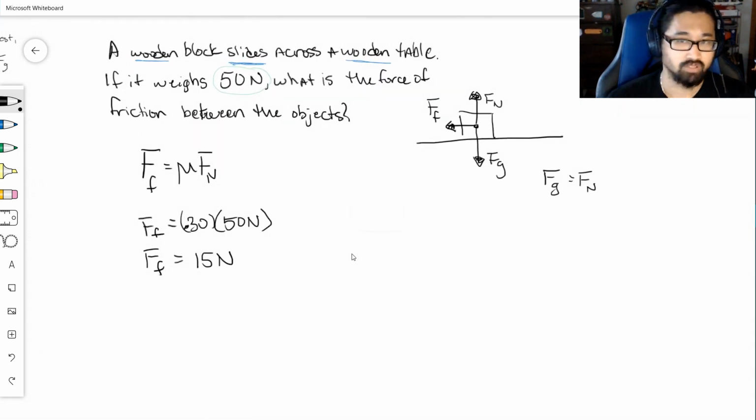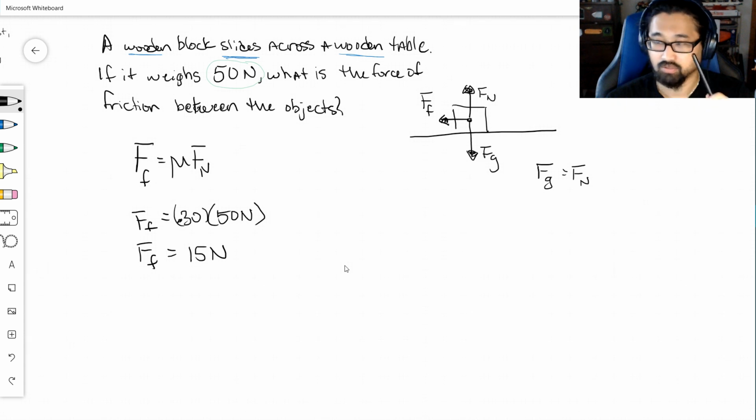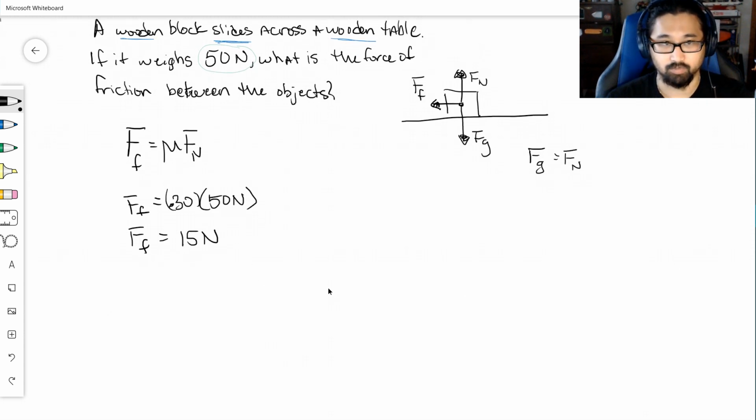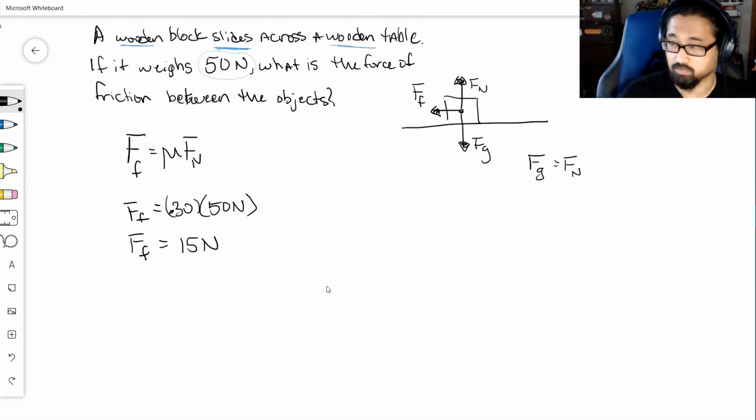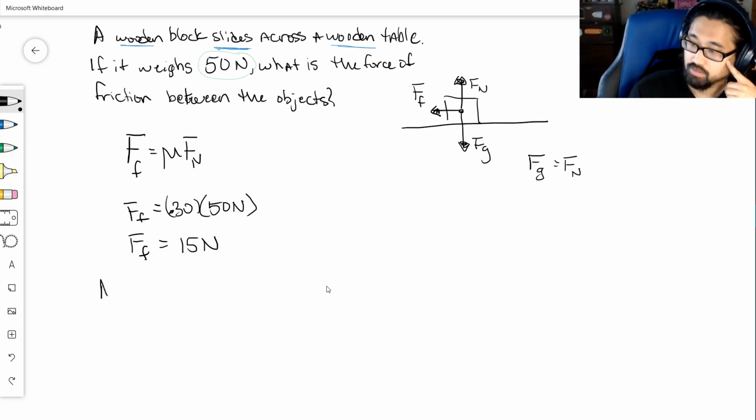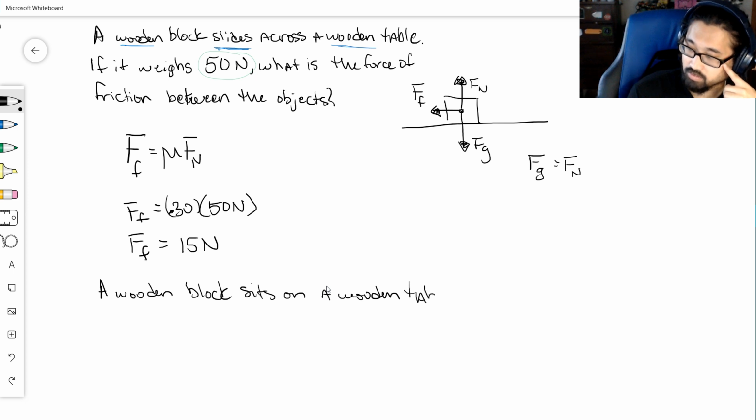I'll do one more example, and then there will be a few for you to practice before you come into school again. So here's the other example. I'm going to keep most of the same stuff. A wooden block sits on a wooden table.